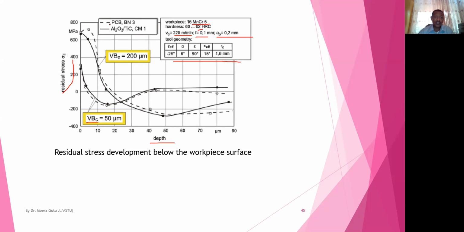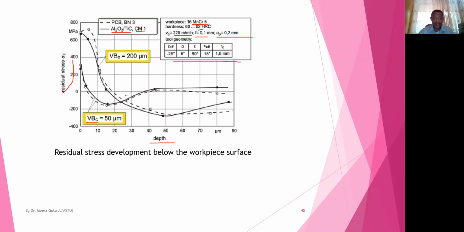So there are cutting tool materials: polycrystalline cubic boron nitride tools, alumina combined with titanium carbide, and ceramic matrix materials. For all materials, the level of residual stress decreases as the depth increases.